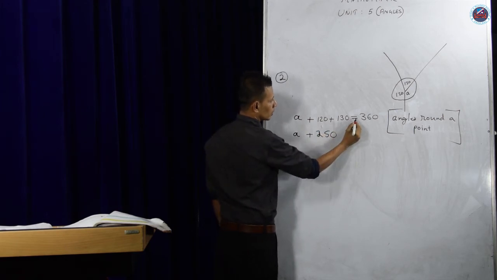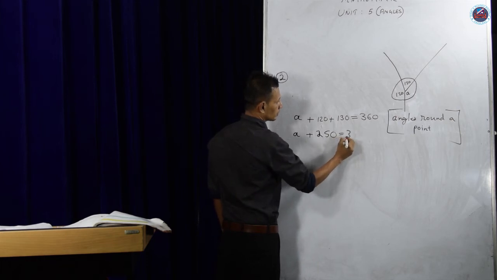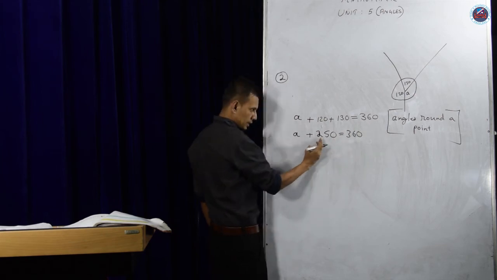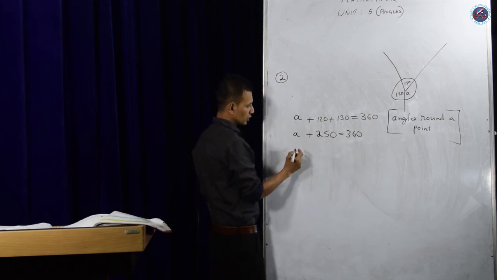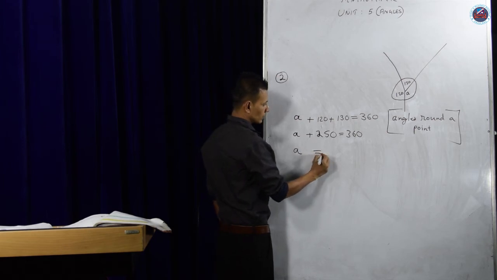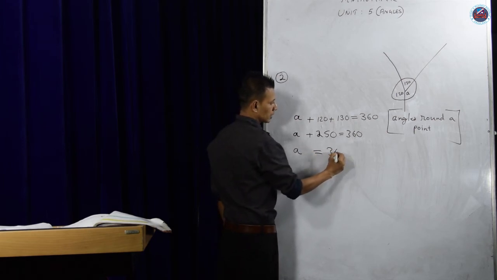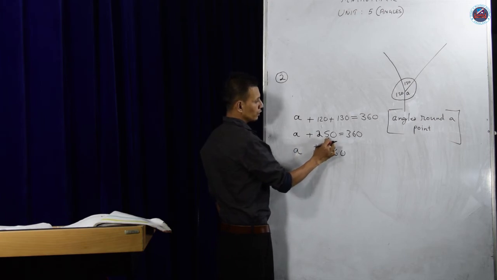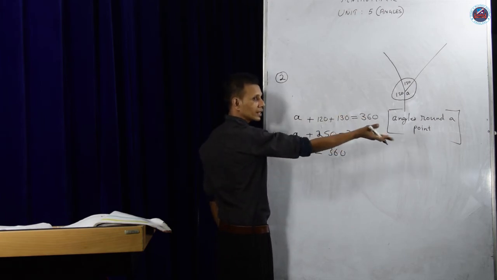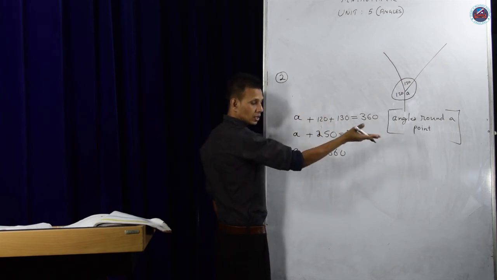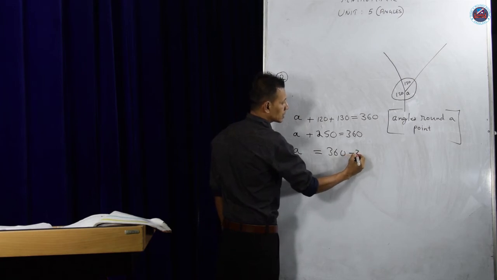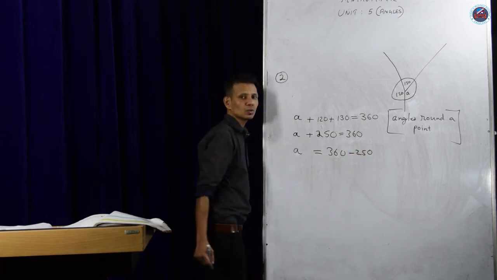250 equals 360. This is my right hand side. These all are my left hand side. Since I am searching for A, I don't want anything to be here. A equals 360. Plus 250 is on my left hand side. Now I want to take it to the right hand side. Side change, sign change. Plus 250 will become minus 250. Why?